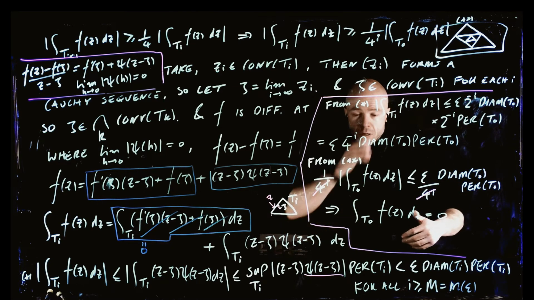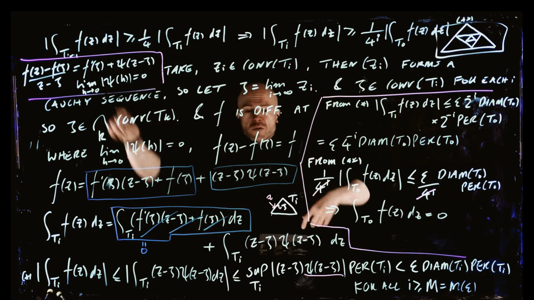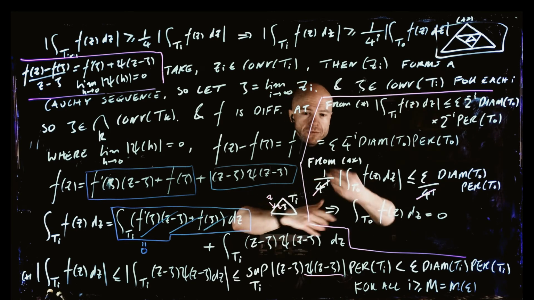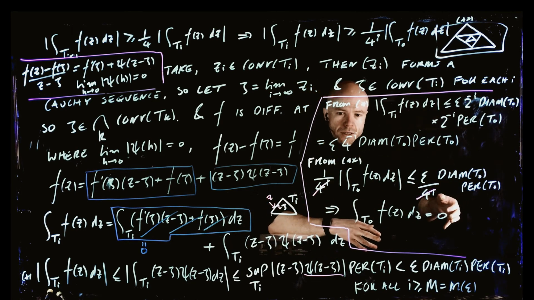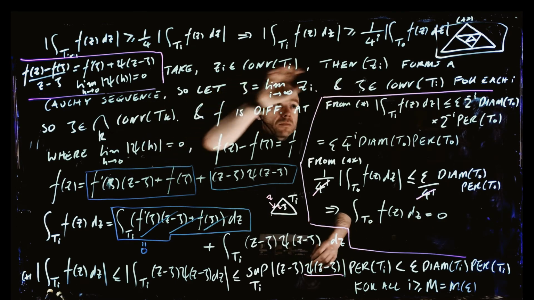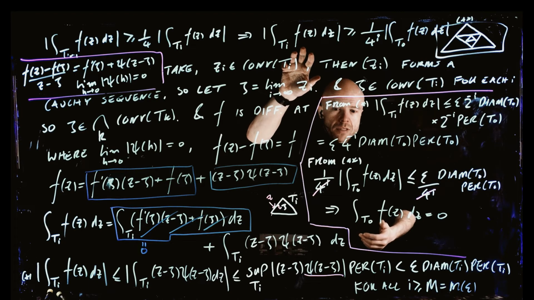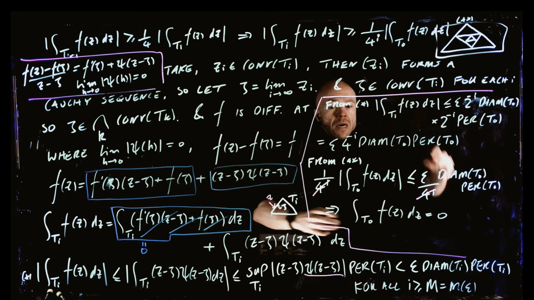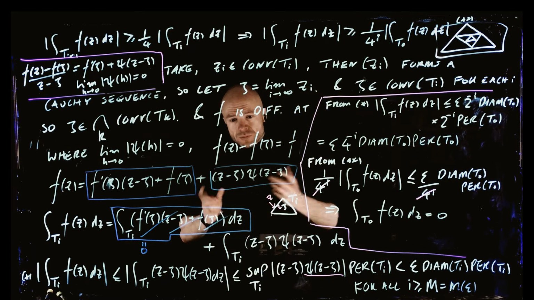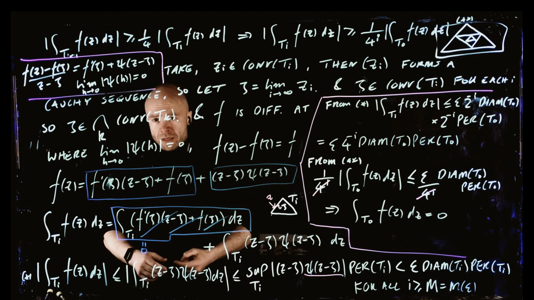Yeah? So if we have that the integral around our original triangle is non-zero, then we can keep finding a child which has at least a quarter of the absolute value of that integral. Yeah? So we have this sequence, which bounds below what these integrals have to be. But if we take the intersection of all these triangles, there is a non-zero point. We take differentiability, and we write out what differentiability means.